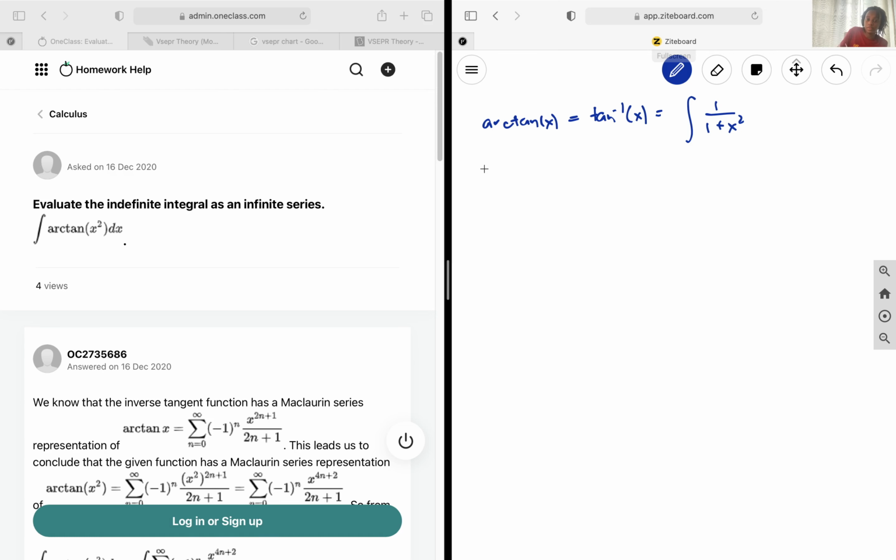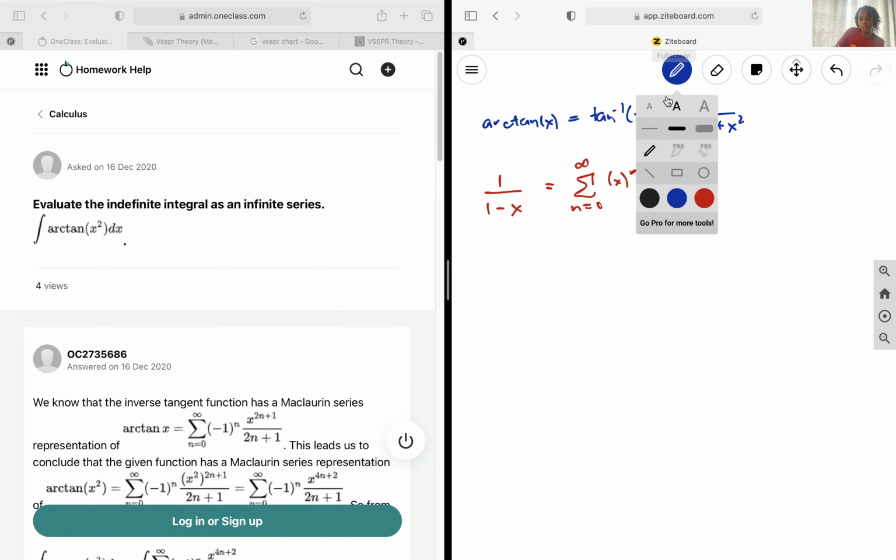And then we're going to make use of our little friend here that just simply states that 1 over 1 minus x can be expressed as the infinite series from n is equal to 0 to infinity of x to the power of n.